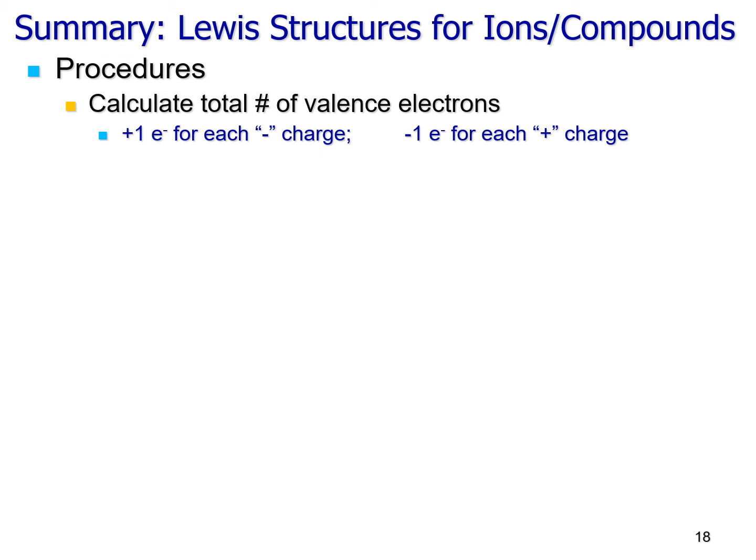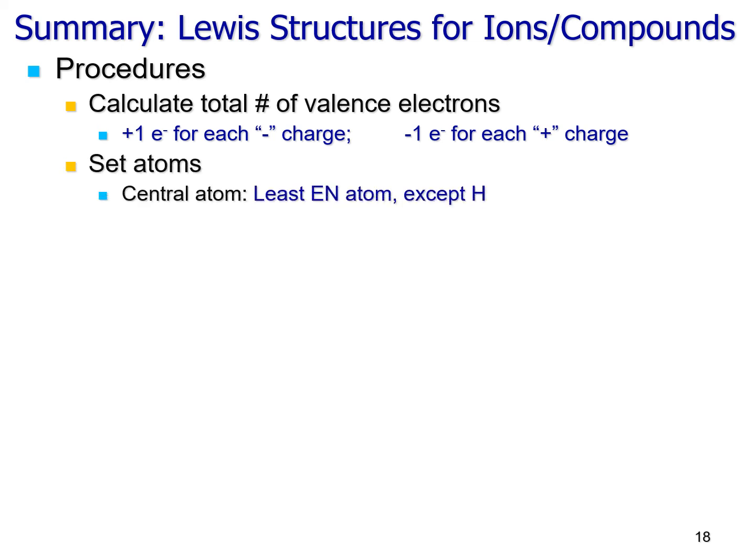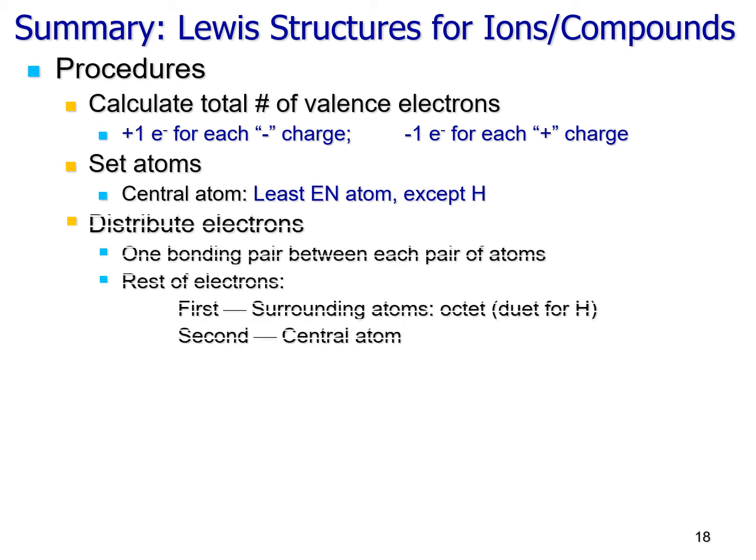And as we write the Lewis dot structures, remember, we calculate the total number of valence electrons as a first step, and we add or subtract electrons for the charges. And we set up the central atom with the least electronegativity. Of course, hydrogen can never be the central atom, just like fluorine, because they both only require 1 bond. As we distribute electrons, there are 3 steps.